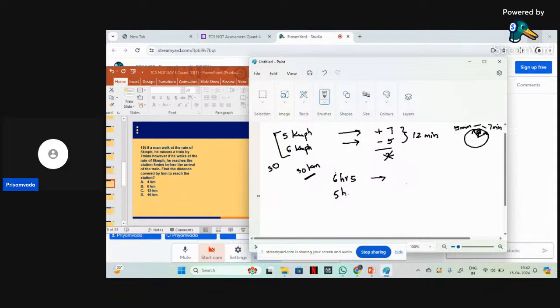So if the distance here we consider it to be 30 kilometers, then we get the time difference to be 1 hour, right?